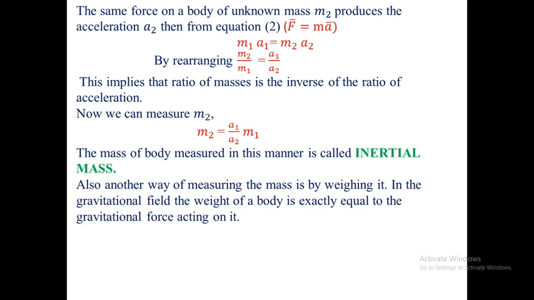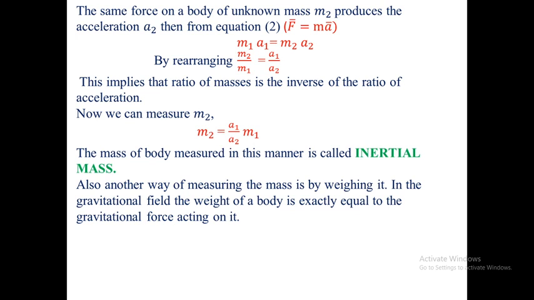Another way of measuring mass is by weighing. You can measure the mass of an object by weighing it using a weighing machine, and the weighing machine works under Newton's second law. The working mechanism of a weighing machine is based on Newton's second law, because in the gravitational field the weight of a body is exactly equal to the amount of gravitational force acting on that object.